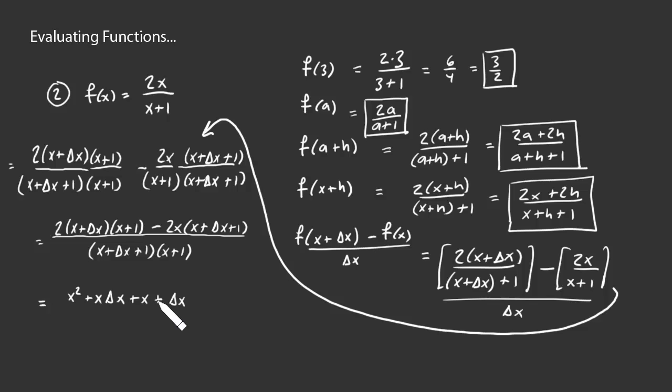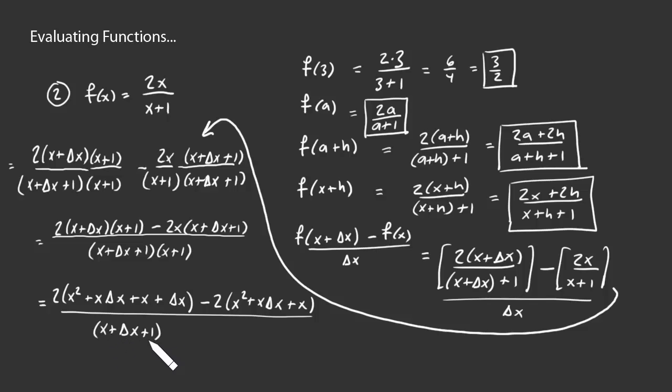All of those terms are being multiplied by 2 here. So I'll just put it like this. Over here we have minus 2 times an x squared, distributing that x, plus x times delta x, and finally plus x, all of that over the common denominator.